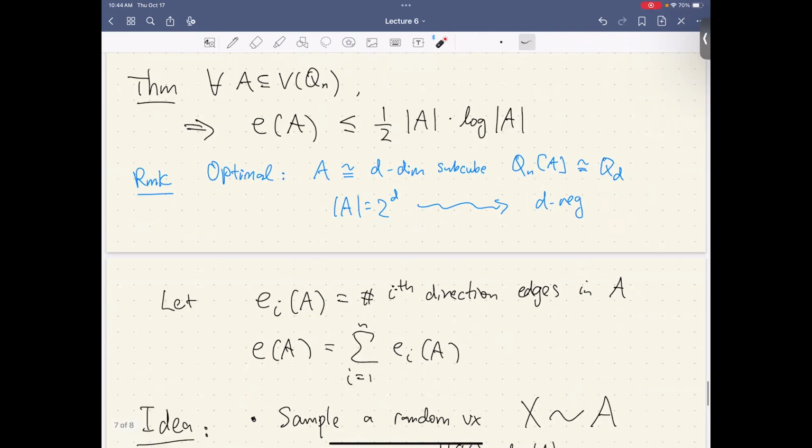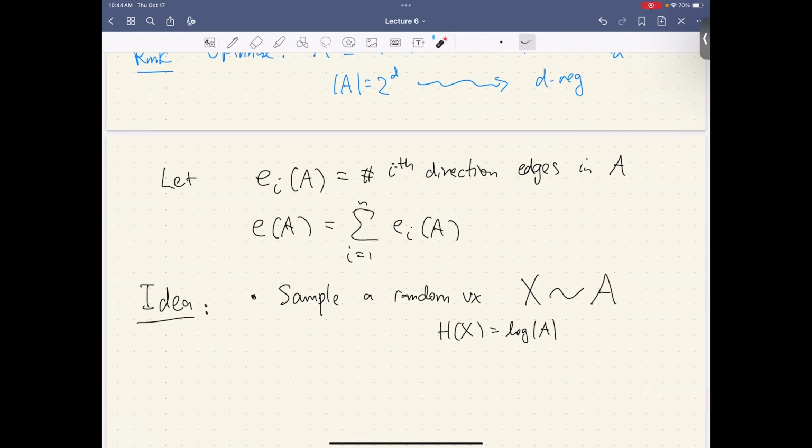Now the key idea is that X, you can view it as x1, x2, ..., xn, right? After all, X as a vertex in A, and also in the hypercube, is a length n binary vector. So each xi takes value 0 or 1.